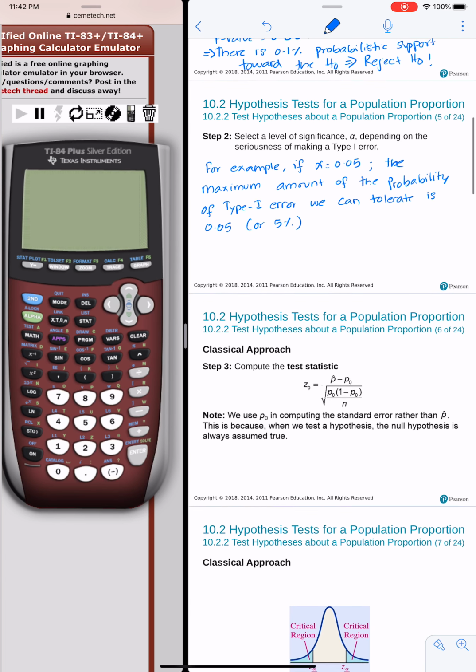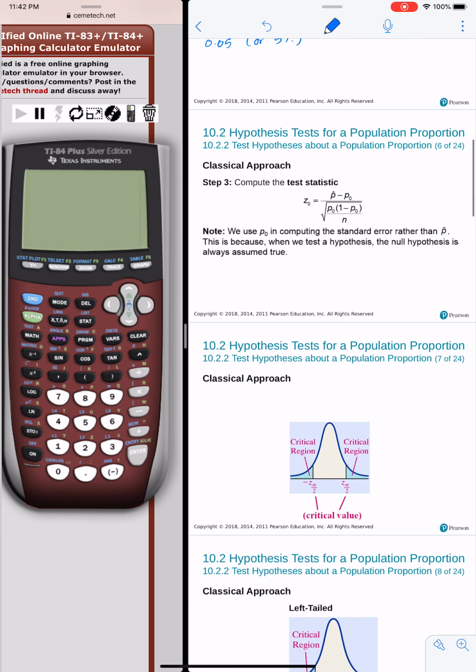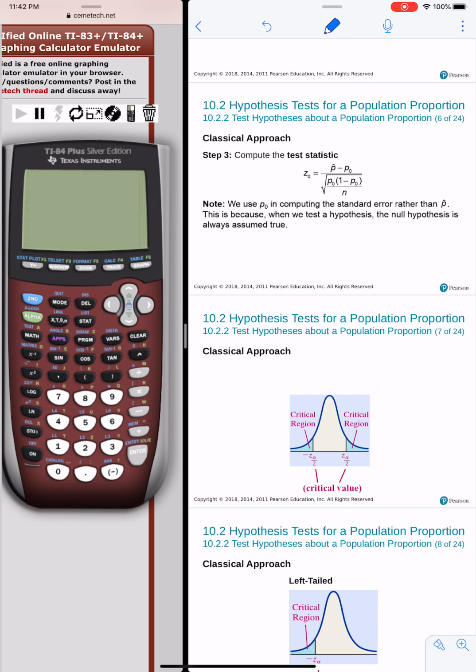So there are two approaches in conducting a hypothesis test for a population proportion.